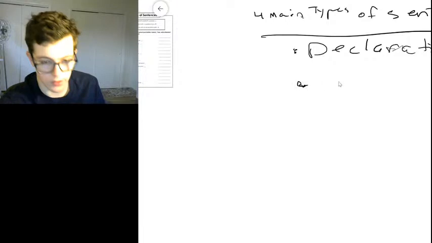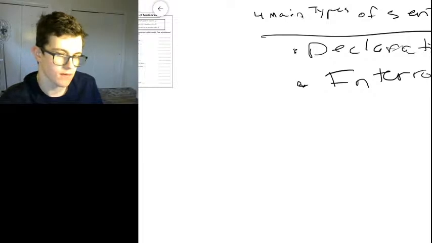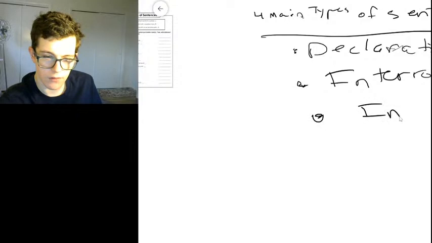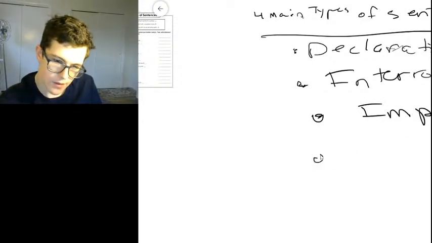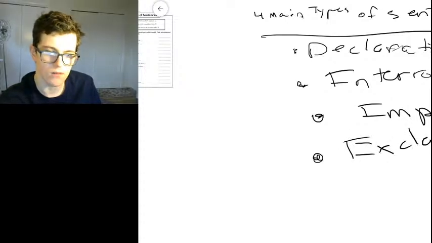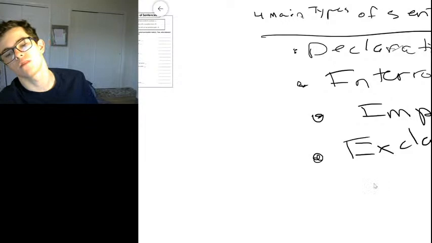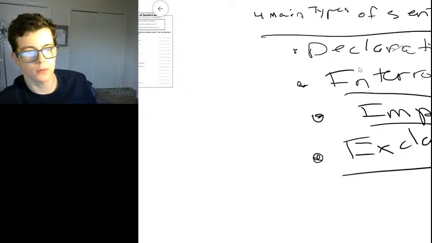You have your interrogative sentences. You have your imperative sentences. And you have your exclamatory sentences. Now all of these sentences have their own special and unique charm to them.